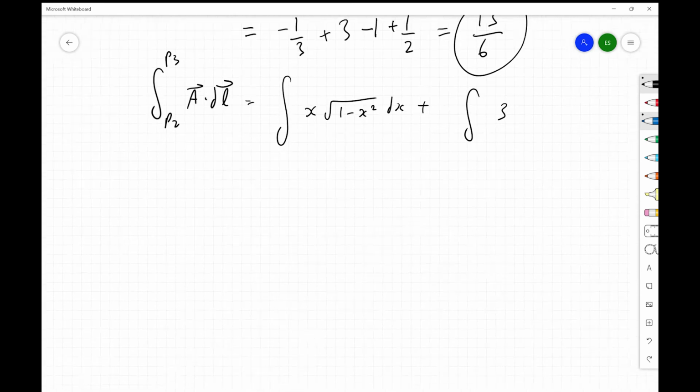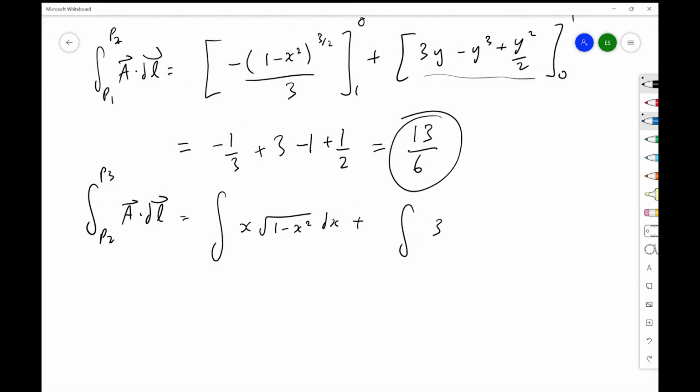So the integral limits are going to be 0 to minus 1 and 1 to 0, and this is going to be the same really, 3 minus 3y squared plus y dy. And we already know how to do this integral, right?